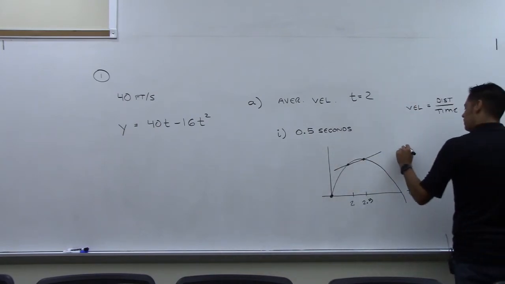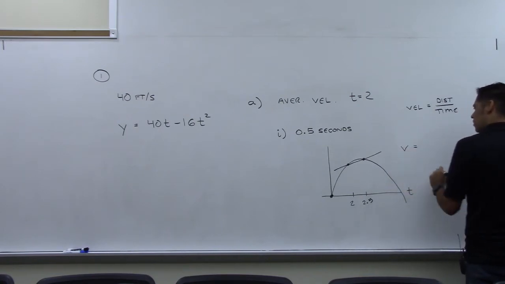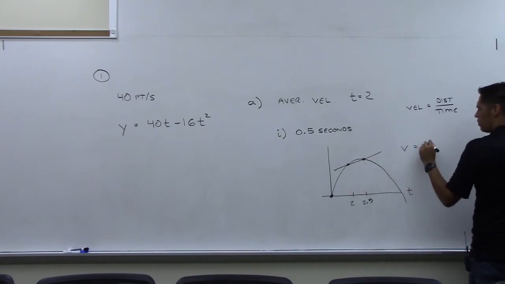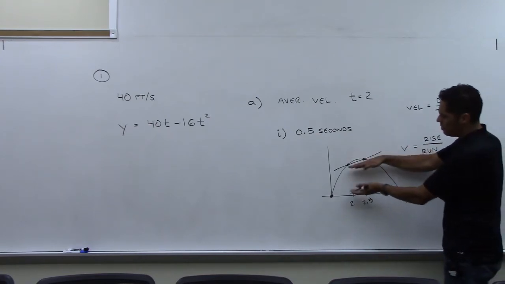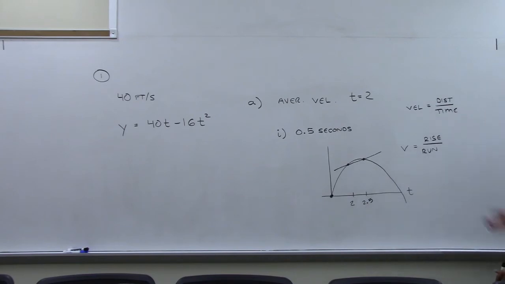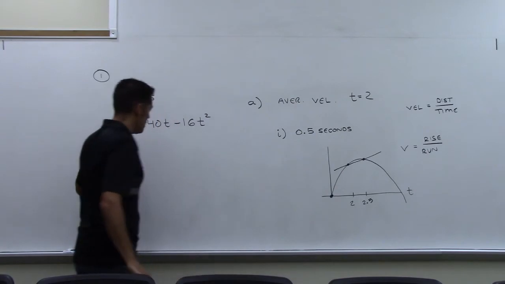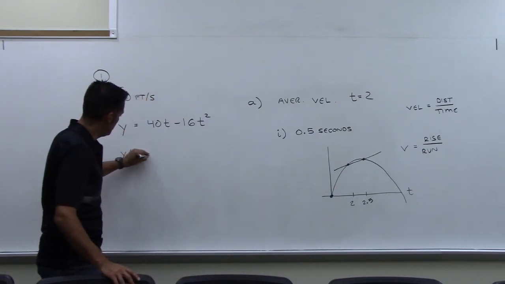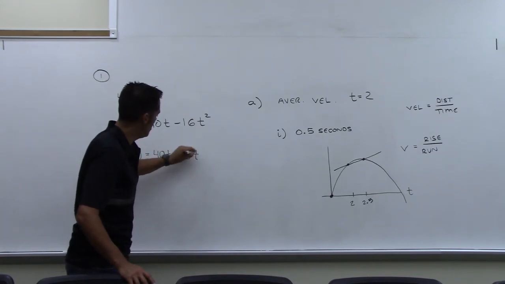So I'm going to say the velocity is going to be equal to, all right, so we have to figure out what, I'll just put rise over run. So what's the rise? What's the difference in the y coordinates? Well, I need to first figure out what happens at 2. So let's take this right here, and I'm going to rewrite it like a function. y of t equals 40t minus 16t squared.